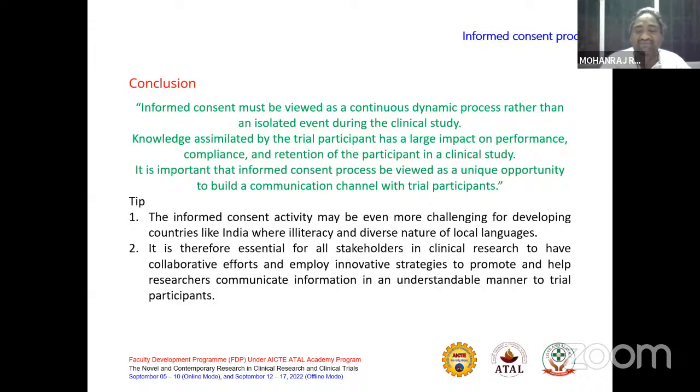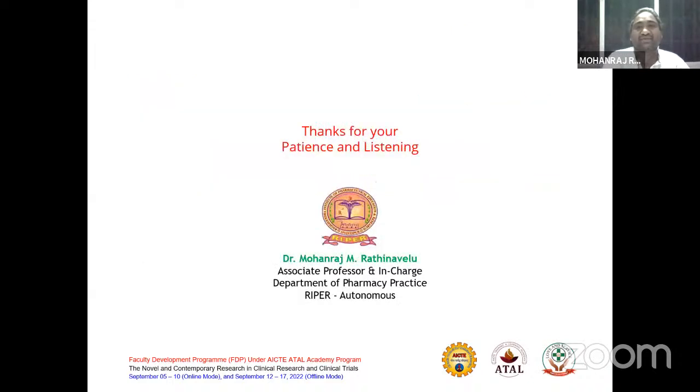The need of Indian clinical research is to include all the suggestions given by researchers in the Indian setting and make the strategy more novel, so that the previous deficiencies are overcome and patients can enjoy more benefit from participating in clinical research. So this is about the informed consent process section.